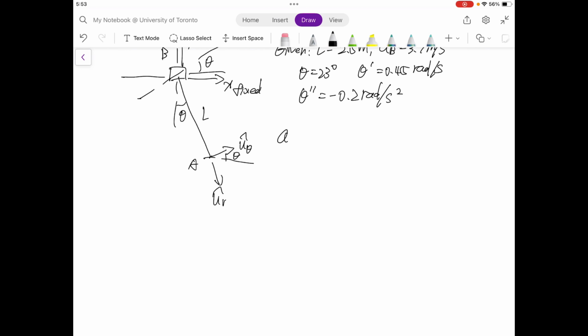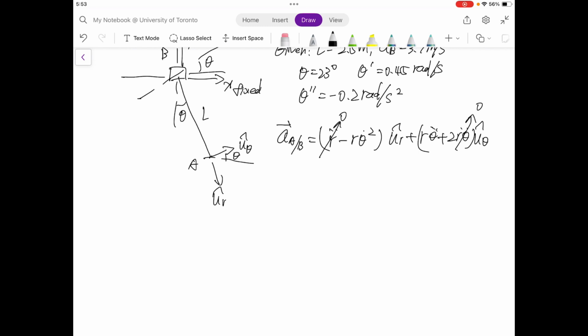Because we assume point B is not moving, the acceleration of A relative to B is equal to (r̈ − rθ̇²) to write down our formula, and also there's no velocity and acceleration in the UR direction, so that is equal to 0.